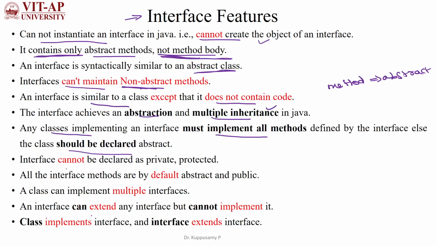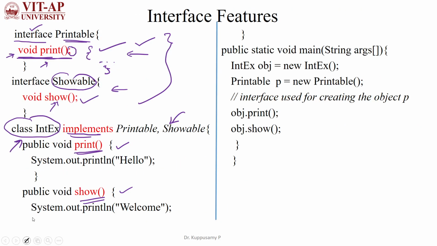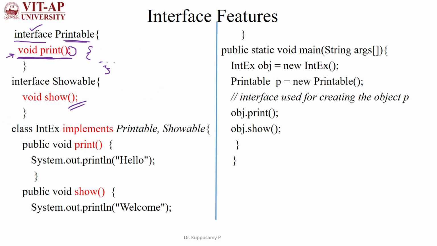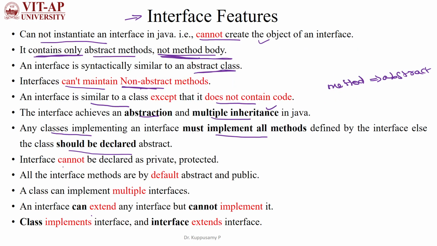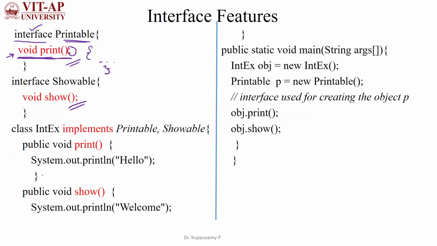That means whatever number of methods you are defining here, they should be abstract. So based upon that, an interface cannot be declared as private or protected, it should always be public.